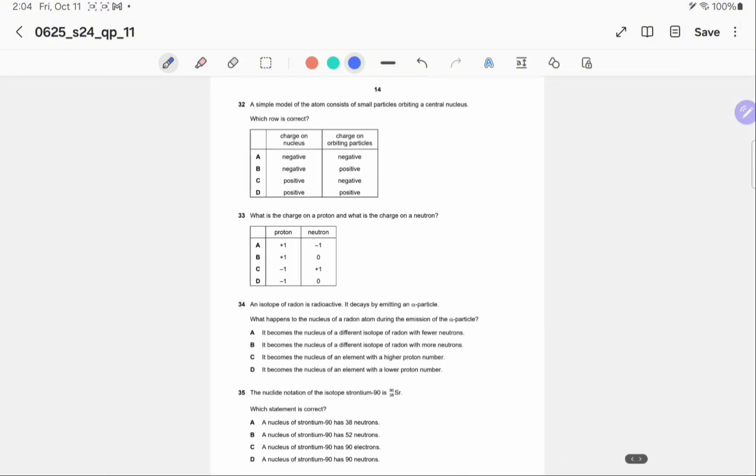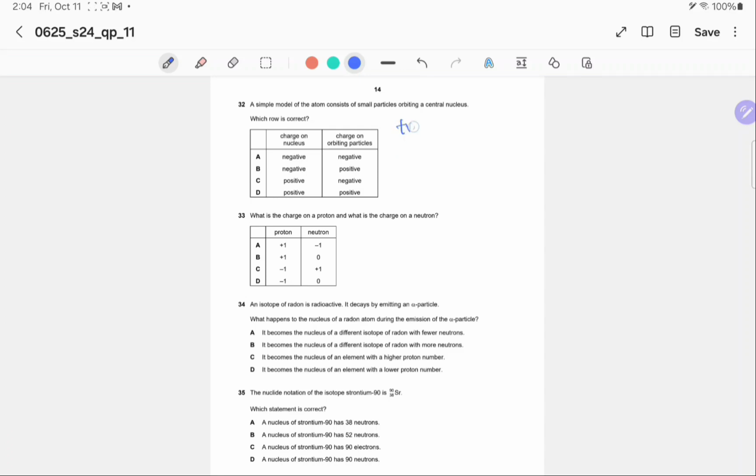32nd question. A simple model of an atom consists of small particles orbiting a central nucleus. Which row is correct? According to the Rutherford atom model, small dense positively charged particles will be in the nucleus at its center, and electrons are orbiting around it.